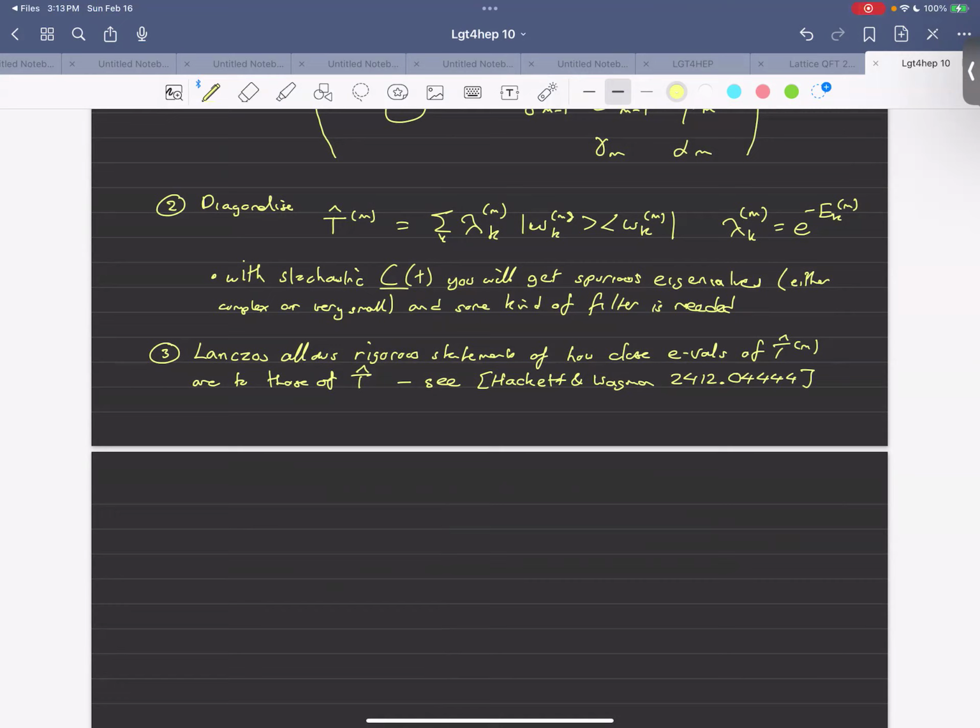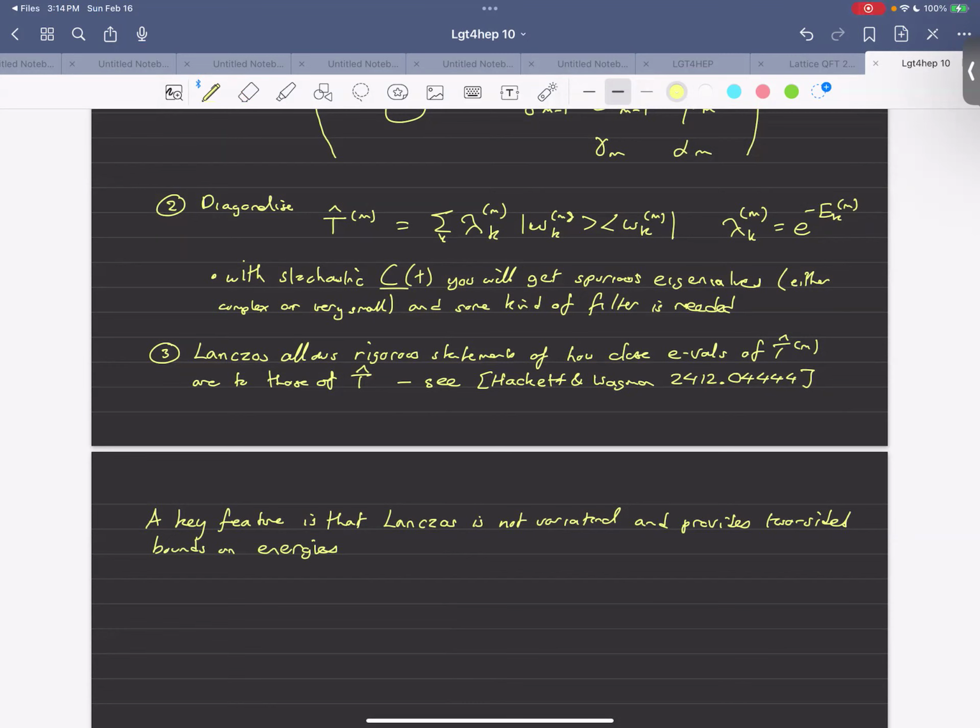A key feature of this is that Lanczos is more than variational, and it provides two-sided bounds, which is great.